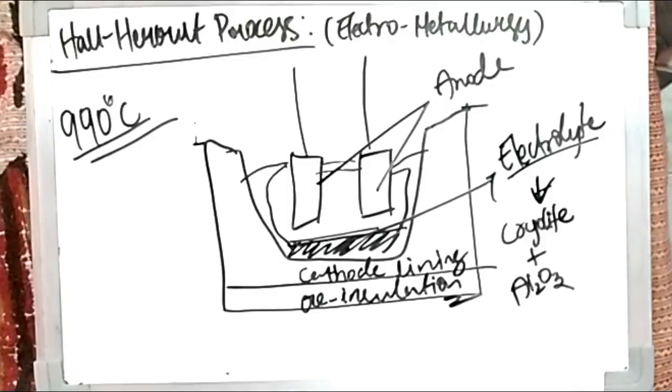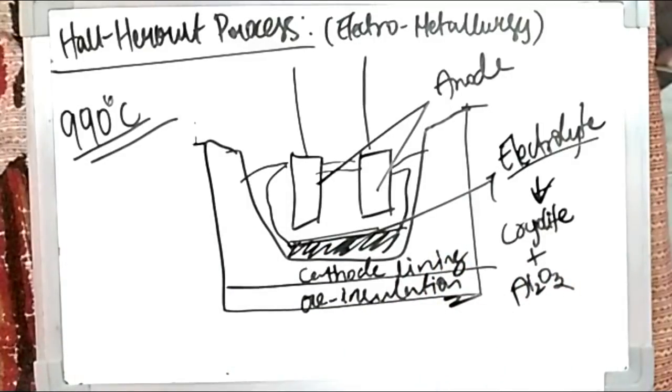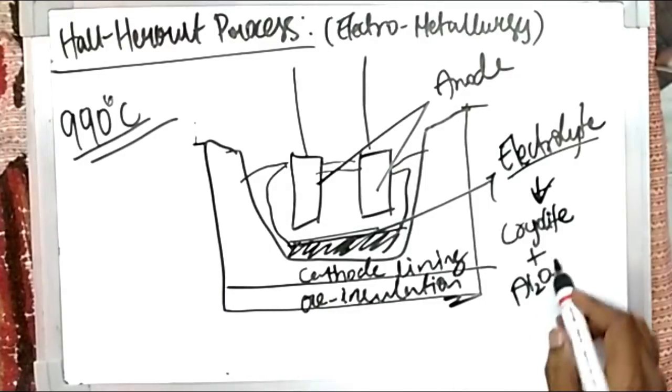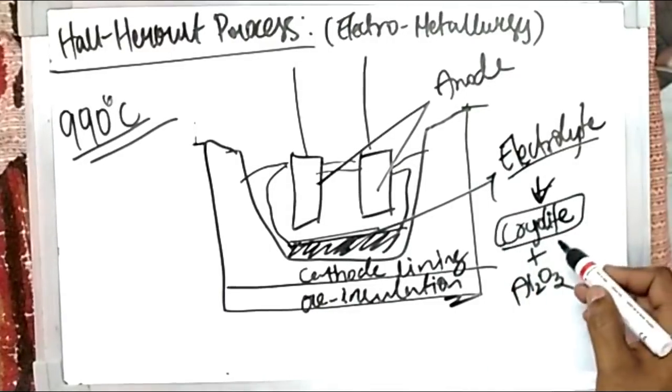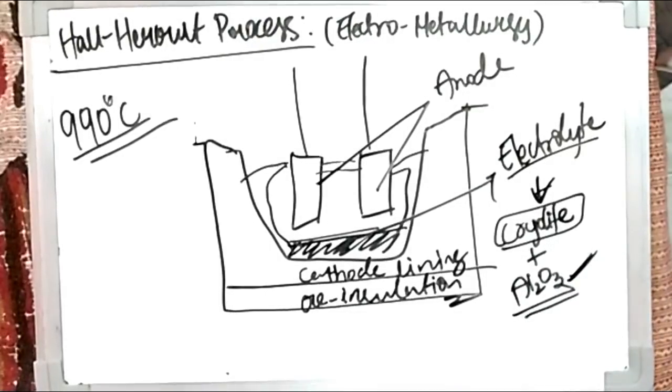That means the Hall-Héroult process is done at a temperature of 990 degrees because this cryolite must be melting at that. So once the bath is attaining the molten state, after the molten cryolite is produced, then we add the Al2O3 into this. That means we have to start the cell, we have to lower the anode, and we have to pass the electricity.